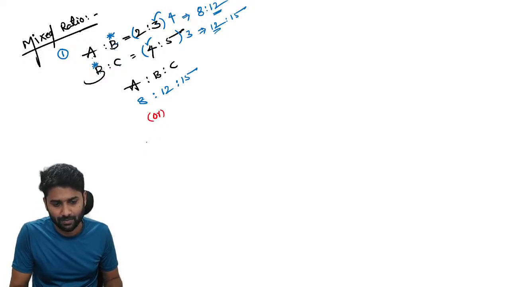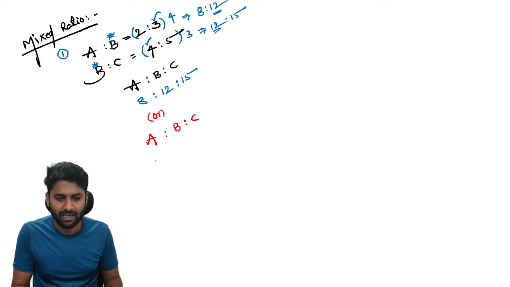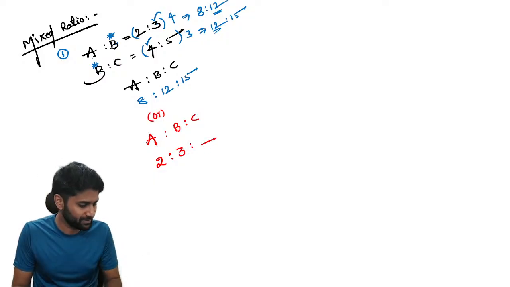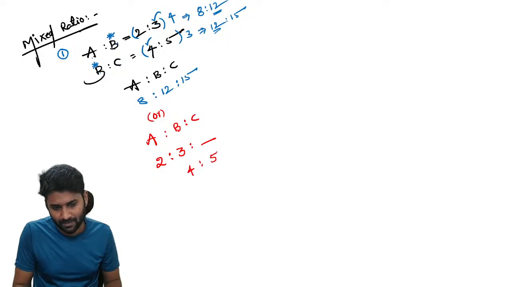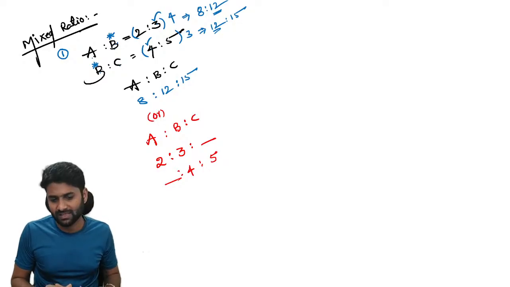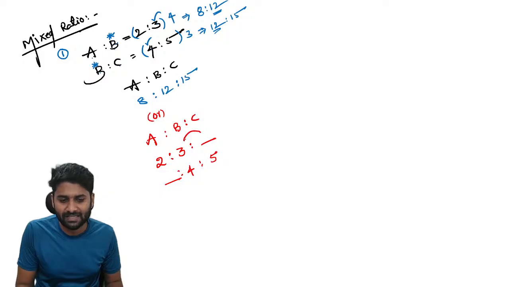Let me tell you another approach. Replacing element. In the given question, A is to B is given as 2 is to 3. C's value is not given. B is to C is given as 4 is to 5. Whenever you see something is missing in the equation, you should always replace it with the previous element.